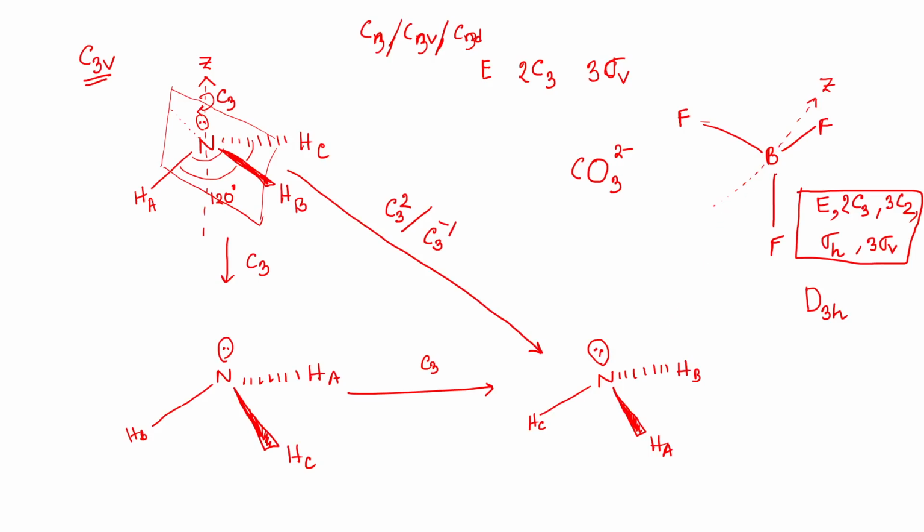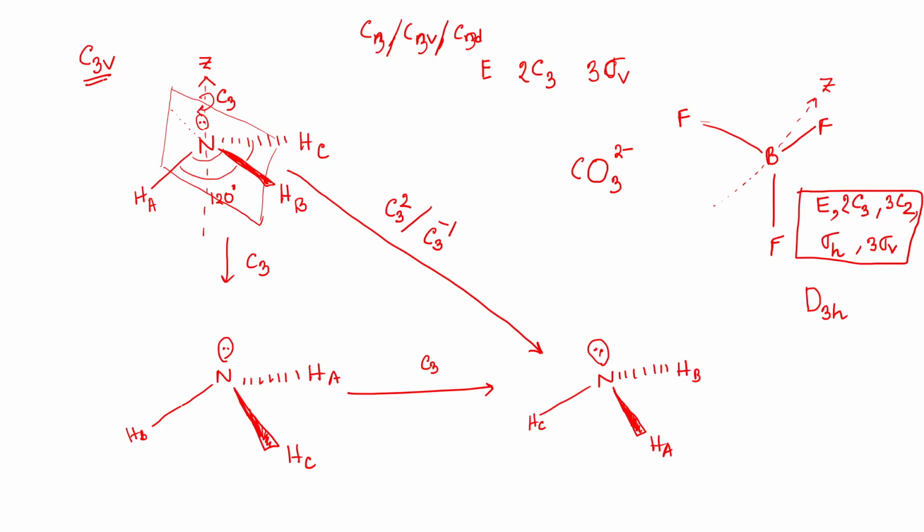The central atom would be carbon, and these would be oxygens, with two of the oxygens carrying negative charges. So from there you can see that you have to know a little bit about VSEPR theory, what kind of structure it is going to have.